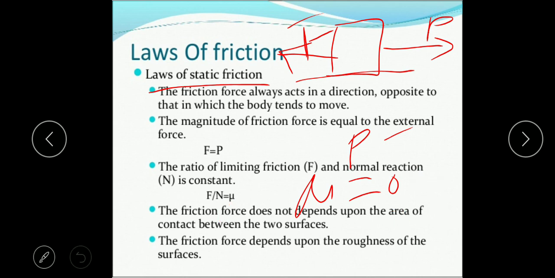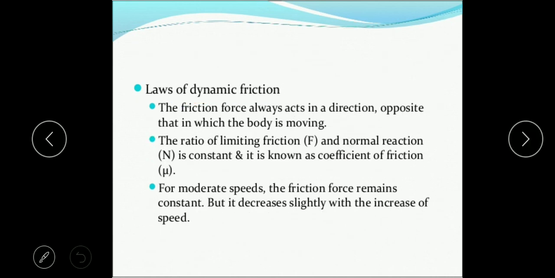The friction force doesn't depend upon the area of contact between two surfaces. How much area is there, the friction does not depend on that. Actually, it depends on the material present between the surface and the body.